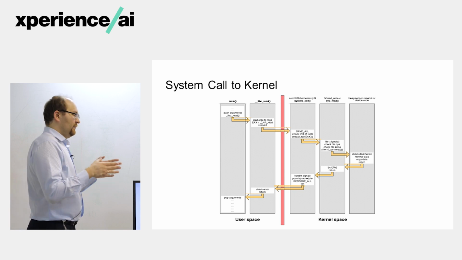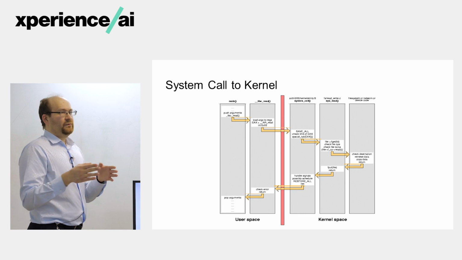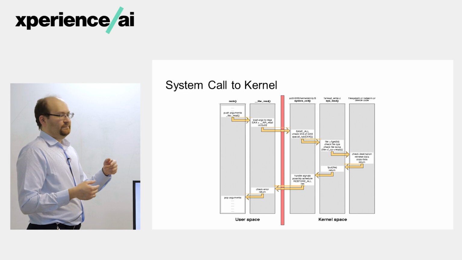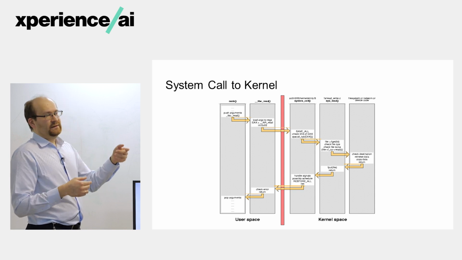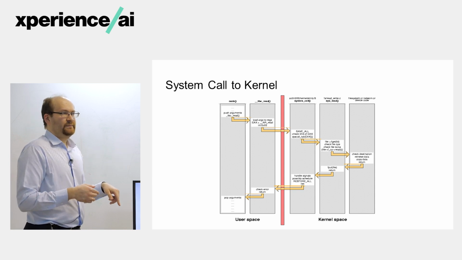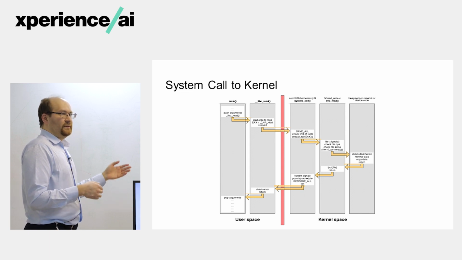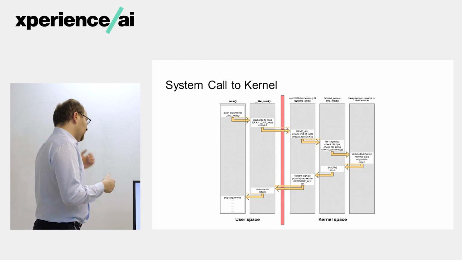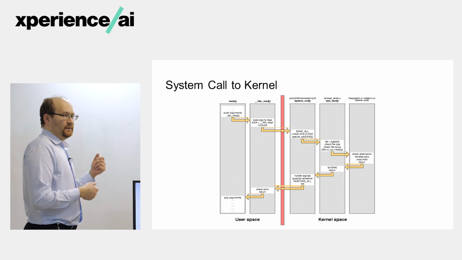For example, if you call the printf function or try to output something to the console, it raises a system call. The system call switches the processor from user mode to kernel mode, to ring 0. This is handled, and we get back to the application.